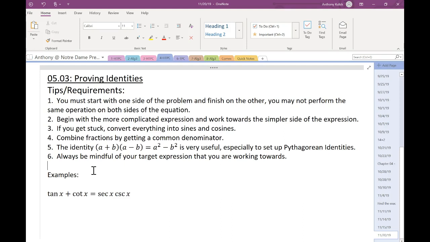We're going to want to pick the more complicated expression and work towards the simpler side of the expression. Now sometimes it may not be easy to tell which side is the simpler one, or they may be equally complicated. But in general, it doesn't matter.